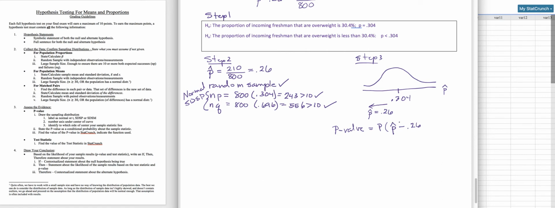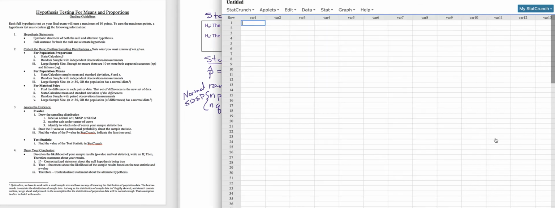More extreme, further from center in this case, is less than, under the condition that population proportion P really is 0.304, just like H0 says it was. So we're going to go use our proportion stat function and come up with our p-value. We're also going to get our test statistic from that same proportion stat input. So let's go over there.